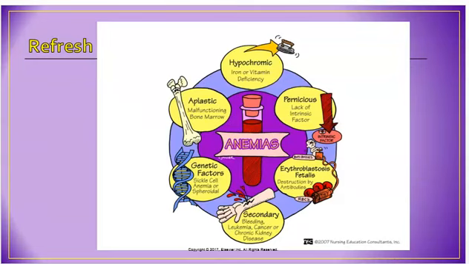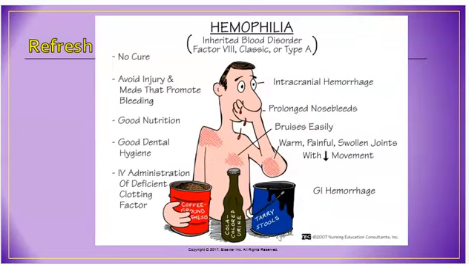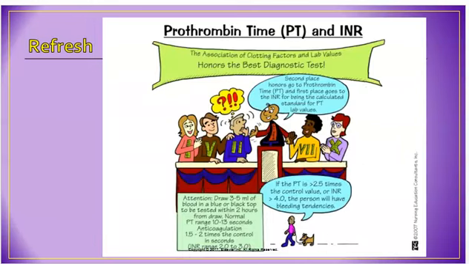So let's refresh. What are the anemias? It's important to understand what causes them. This is from level 2. Again, another review. Hemophilia. This is a blood clotting disorder, inherited, and you did review this in level 2.